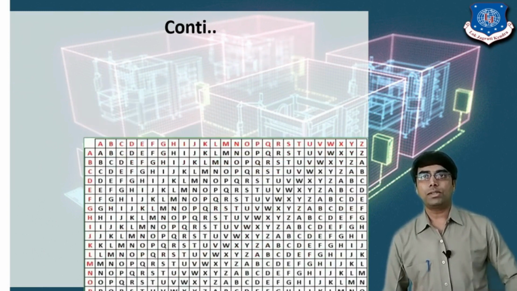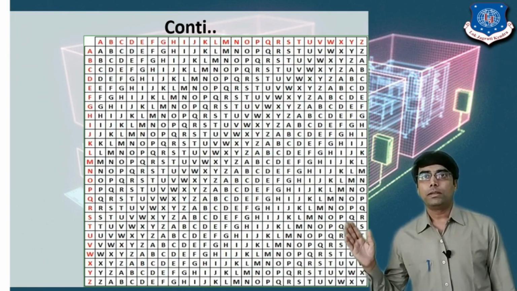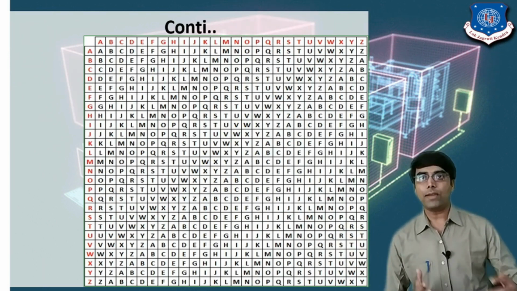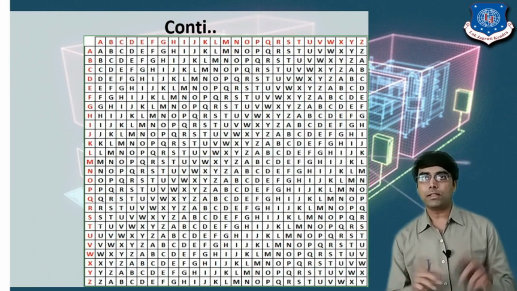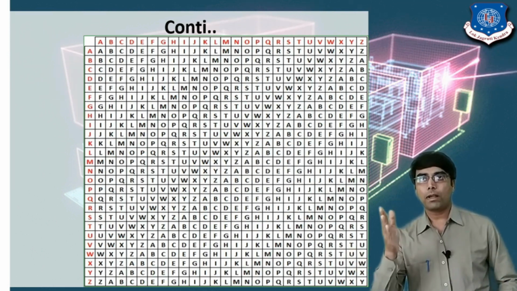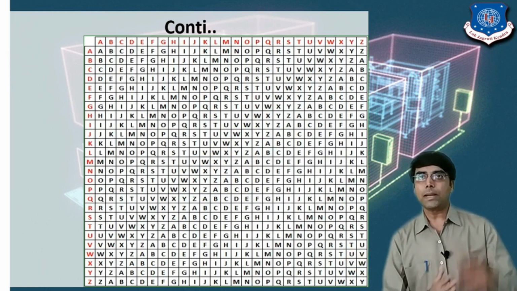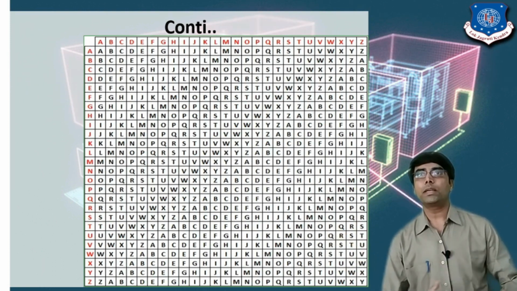Now let's see, here you are given a matrix. Here every 25 characters of the key will be repeated. In this matrix, the columns represent the plain text and the rows represent the key.